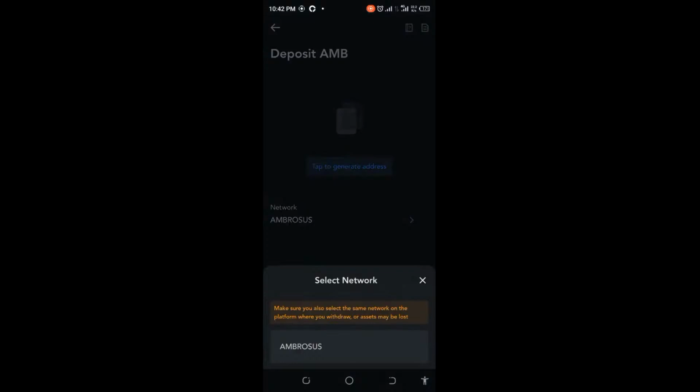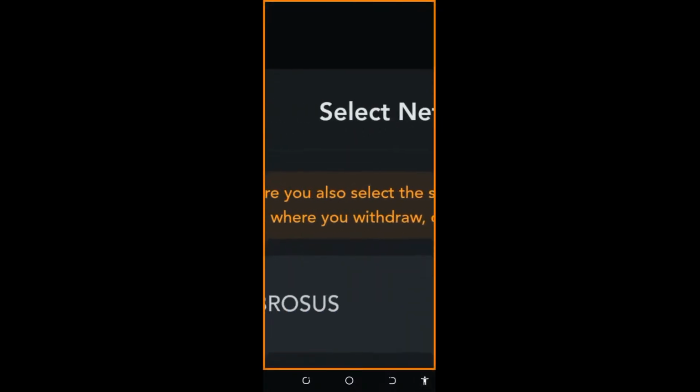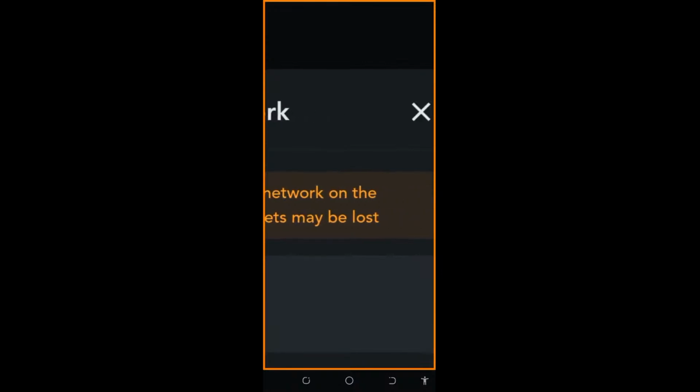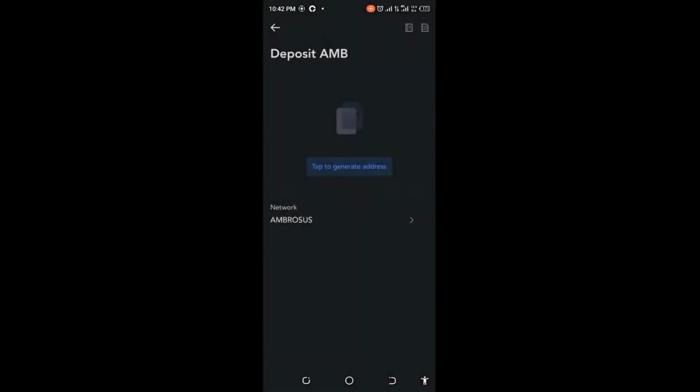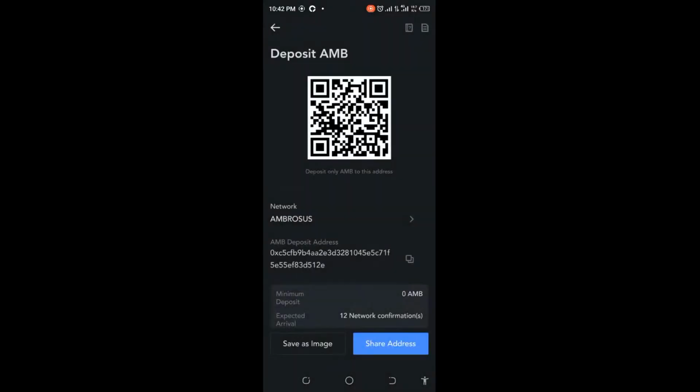It says we should make sure that you also select the same network. Let me check. Oh yeah, I did that. So let's tap to generate address. Okay, great. Let's generate the address and get that done.